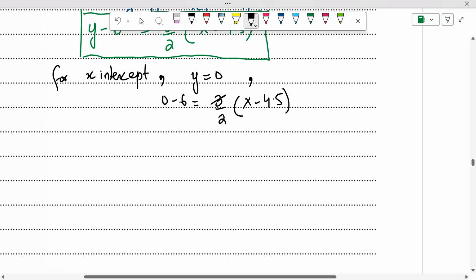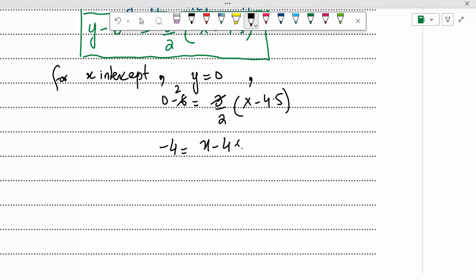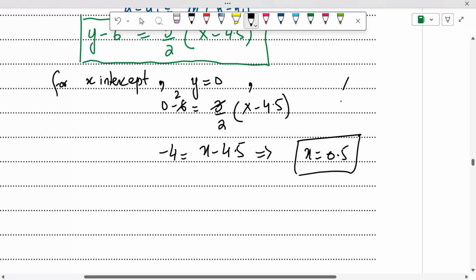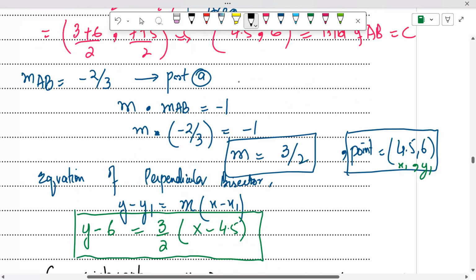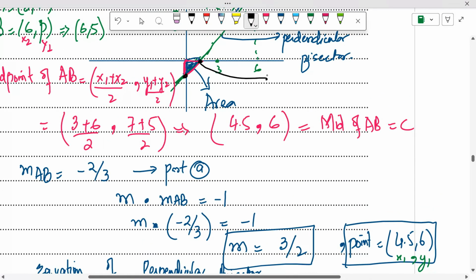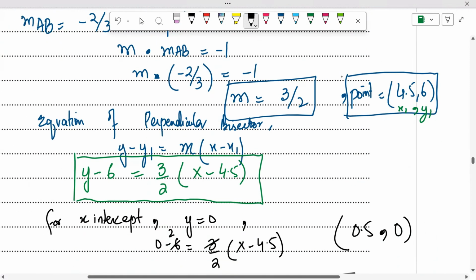Solving further, we have 2 times -4, so -4 equals x minus 4.5, and x is equal to 0.5. So we have the point, which is 0.5 when the y coordinate is 0. So this point is (0.5, 0).